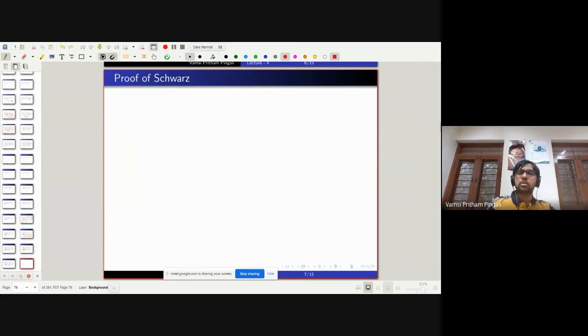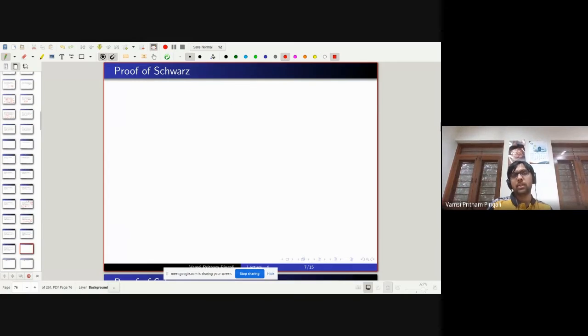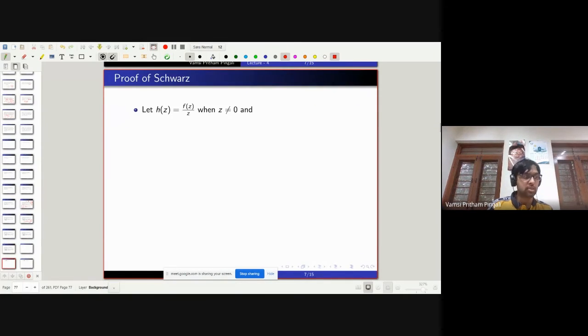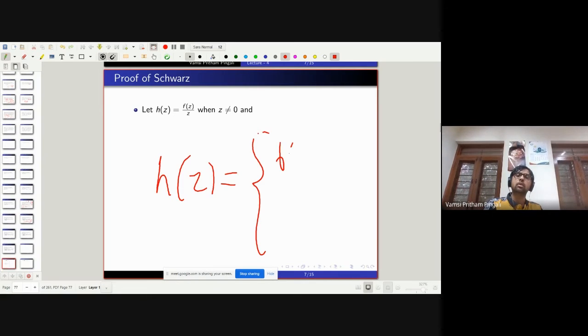All right, so let's try to see how to prove Schwarz's lemma. Once again, the key point here is the maximum modulus principle. You need to apply the maximum modulus principle to a cleverly chosen function. So define h of z to be f of z by z when z is not 0.